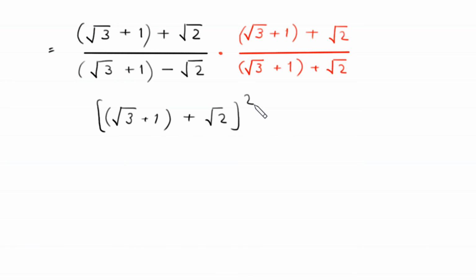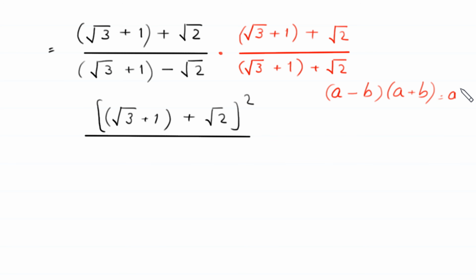whole squared, divided by, in the denominator this expression and this expression in the form of a minus b times a plus b, that is equal to a squared minus b squared.